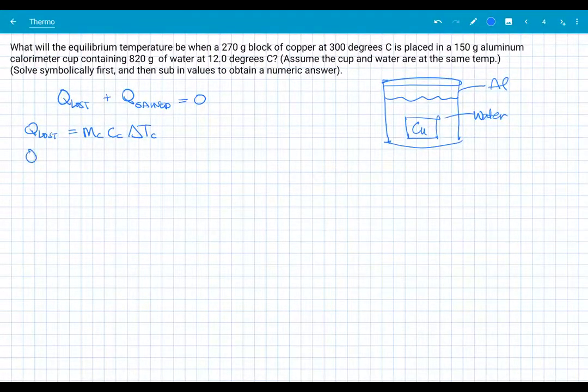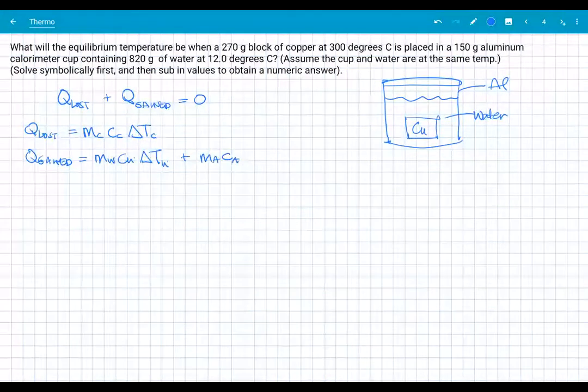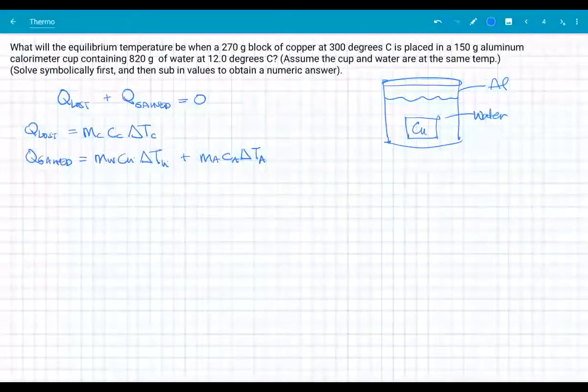The gained: the water and aluminum are both going to go from a cooler to warmer temperature. So mass of water, C water, delta T water, mass of aluminum, C aluminum, delta T of aluminum.